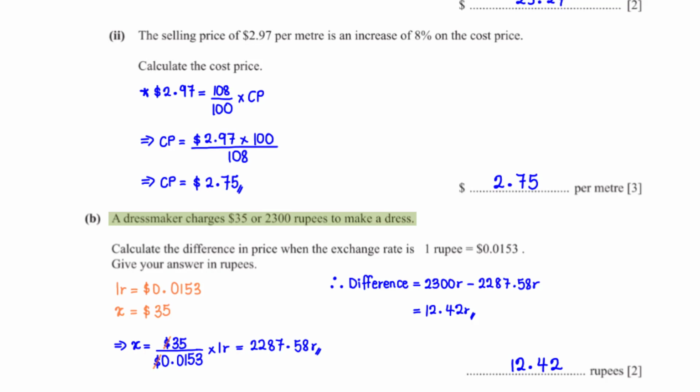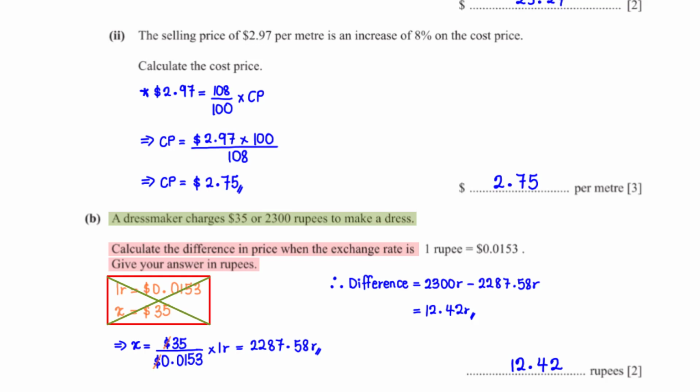A dressmaker charges $35 or 2,300 rupees to make a dress. Calculate the difference in price when the exchange rate is 1 rupee equals $0.0153. Give your answer in rupees. So we need to find the equivalent of $35 in rupees, which we are calling X, using the given exchange rate.